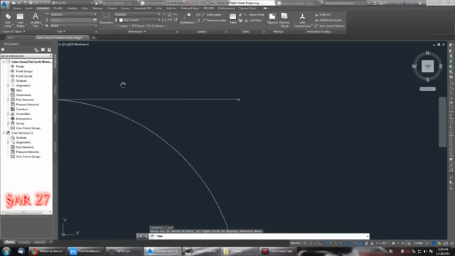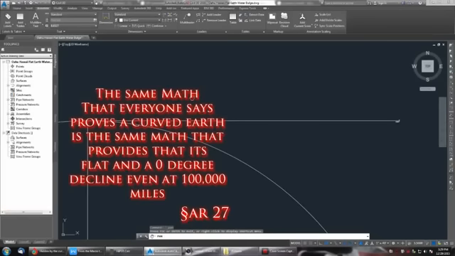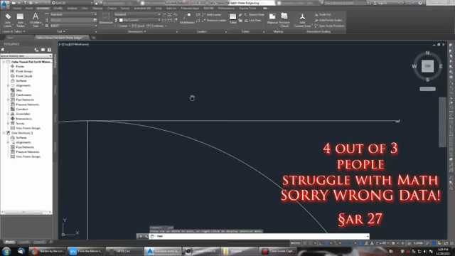I don't know if they are messing with people. I don't know if people actually try to draw this out and measure it out themselves. But again, 1 in every 4 people struggles with math.